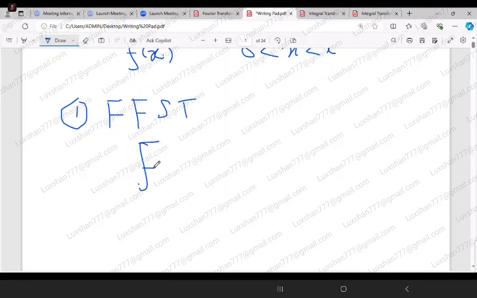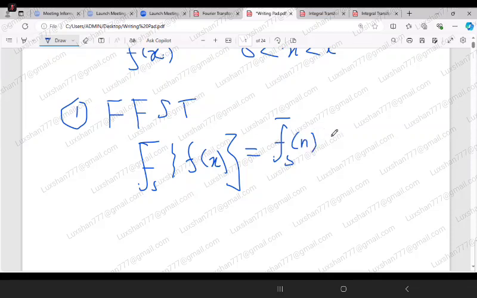We define the finite Fourier sine transform of the function f(x), denoted by f bar s of n, equal to the integral from 0 to L of f(x) into sine of n pi x by L. So this is the Fourier sine transform.